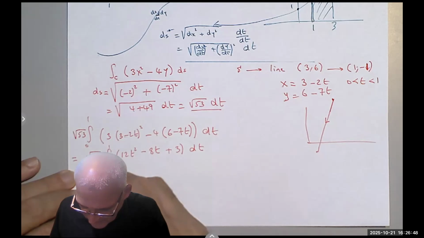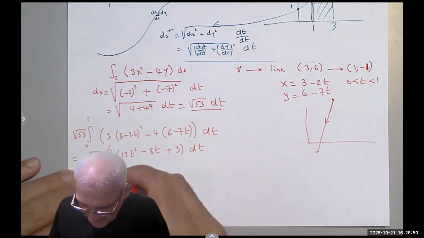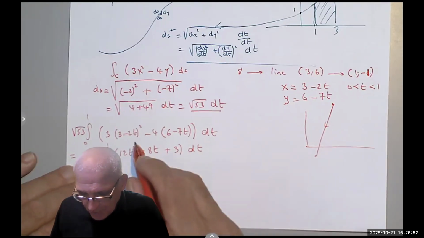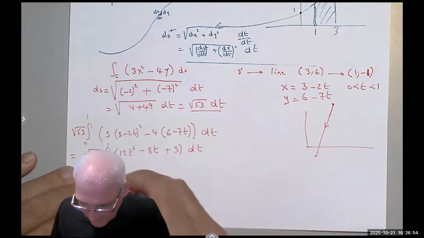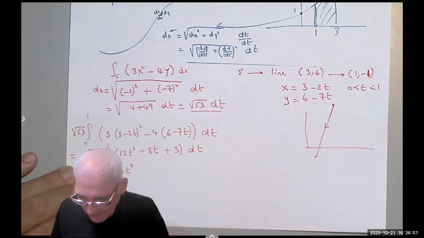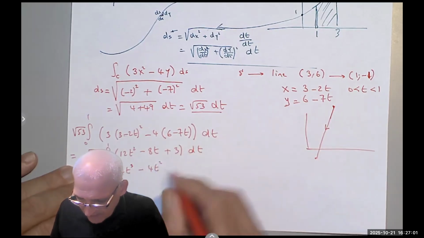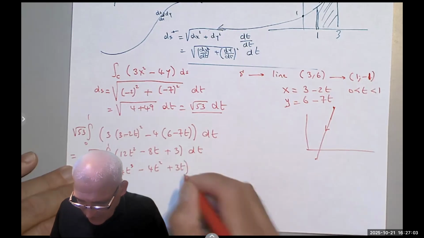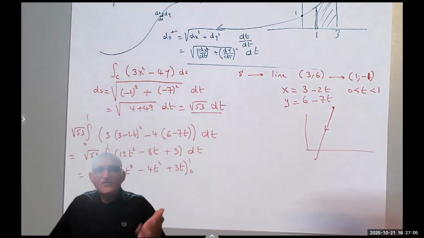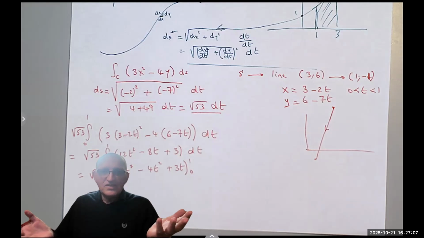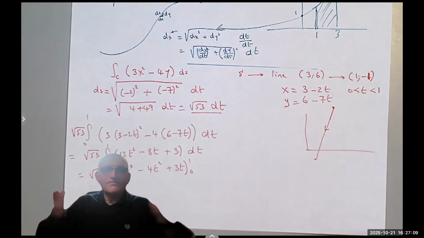So a constant of root 53, and then I'm going to integrate t cubed over 3. The 3 with the 12 would make that 4t cubed, minus t squared over 2 would make that minus 4t squared, plus 3t. And you evaluate from 0 to 1. Of course, evaluating at 0 would give you 0, so you don't need to say top minus bottom.